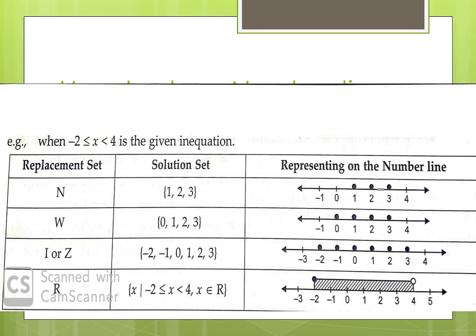An important point here is how to represent the endpoints. If the less than or equal to sign is given, the dot on -2 we have to darken. And if it is not equal, like in this case x is less than 4, we just put a hollow circle and do not shade it. So this is the representation of all those solution sets on the number line. I hope you understand.